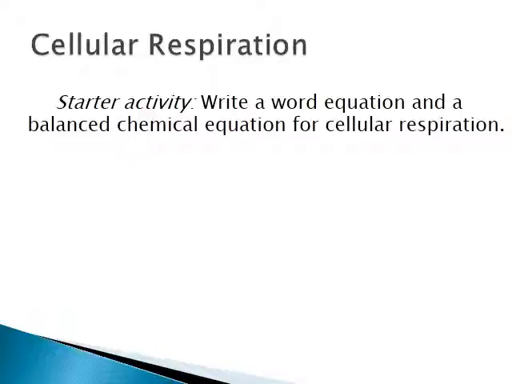So if you were to pause it now and try and write it, and then let's imagine you've now come back, what you would hopefully have is your inputs on the left hand side of your arrow. Your inputs, also known as your reactants, would be 6 oxygen plus glucose would produce 6 carbon dioxide plus 6 water plus ATP.